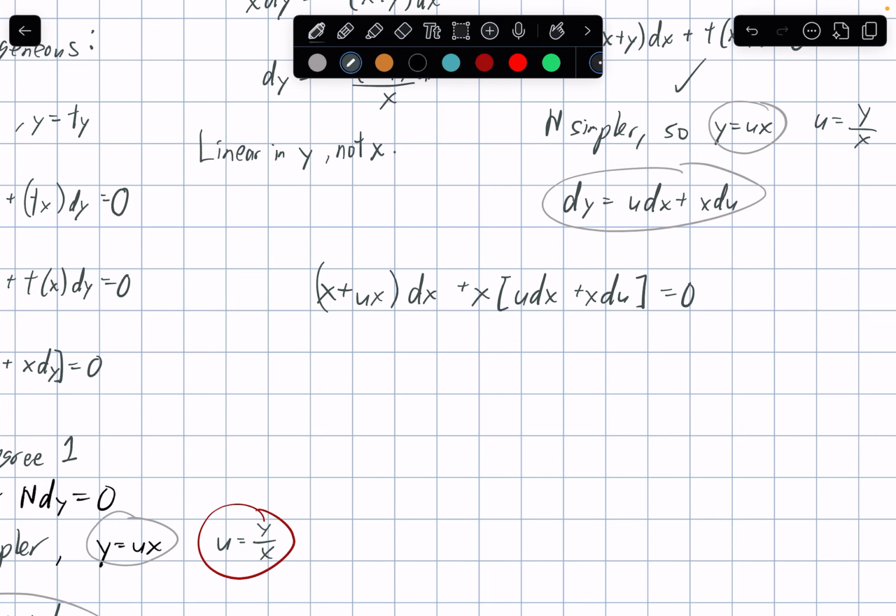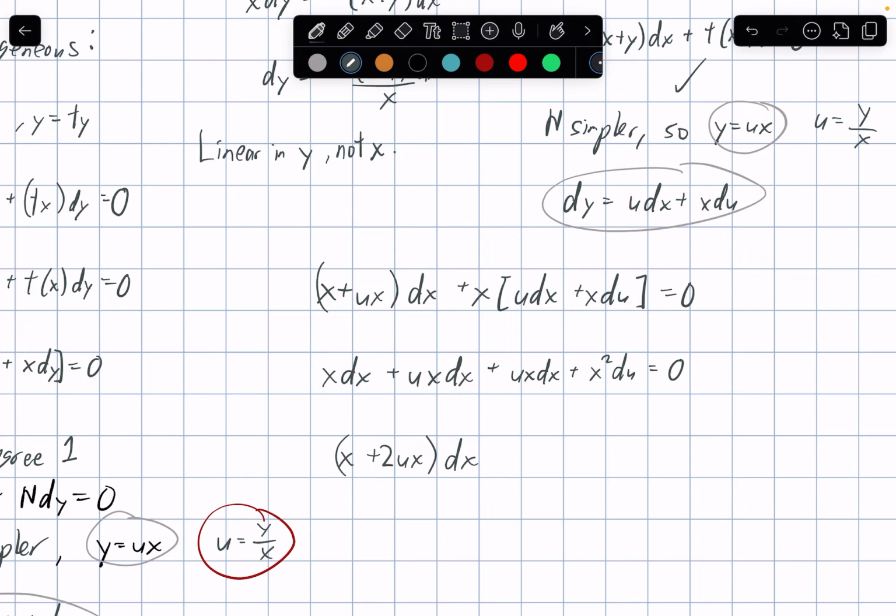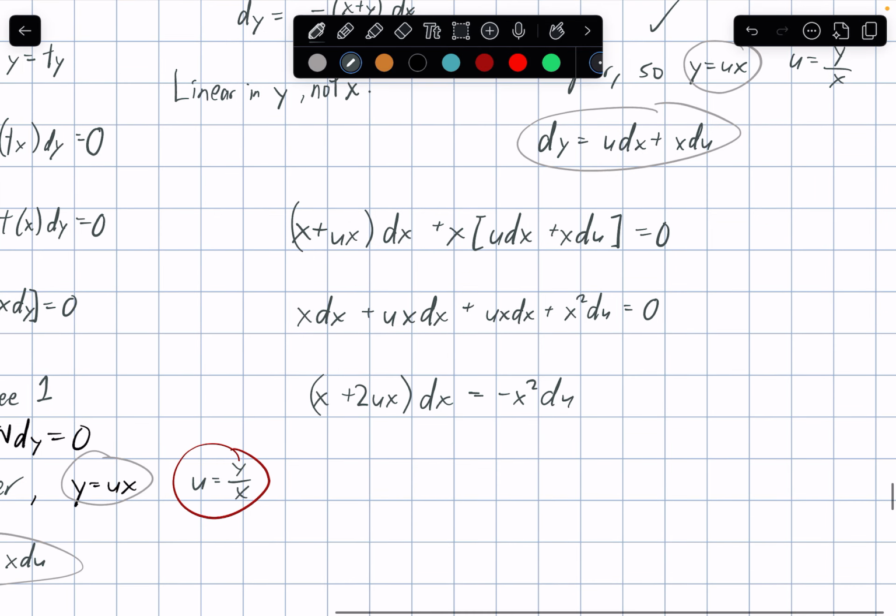So simplify. So we can group these together. They all have dx. These are like terms, so we write 2ux. And that's it. And then dx. Other side, negative x squared du.